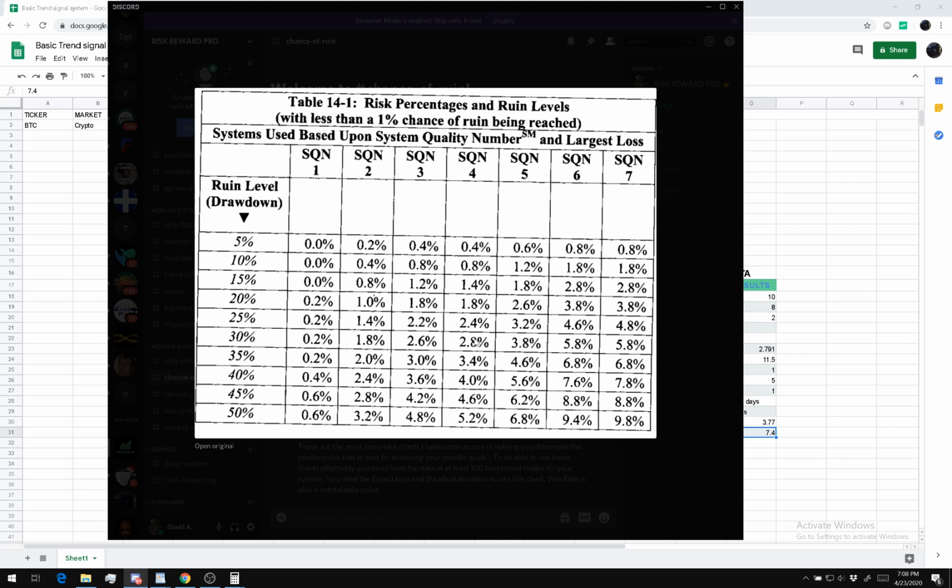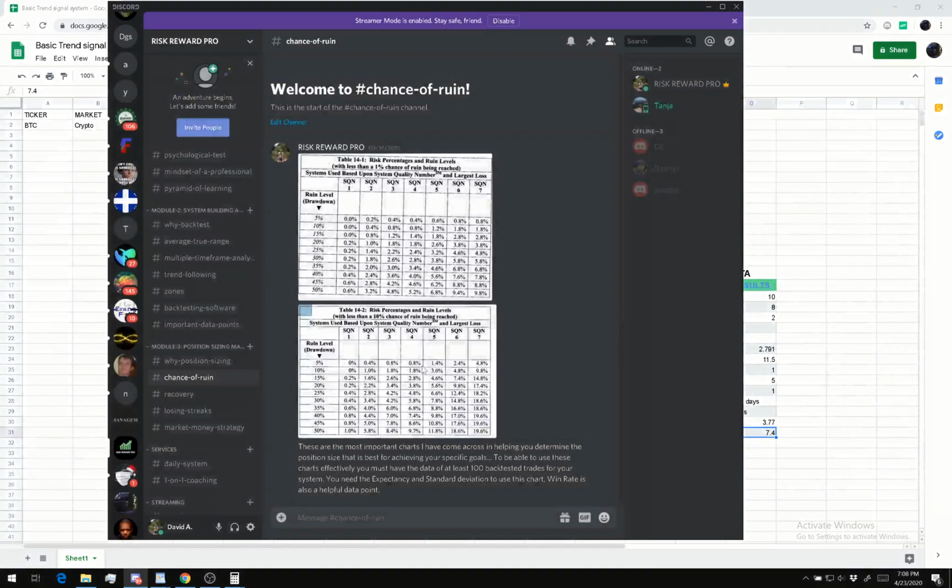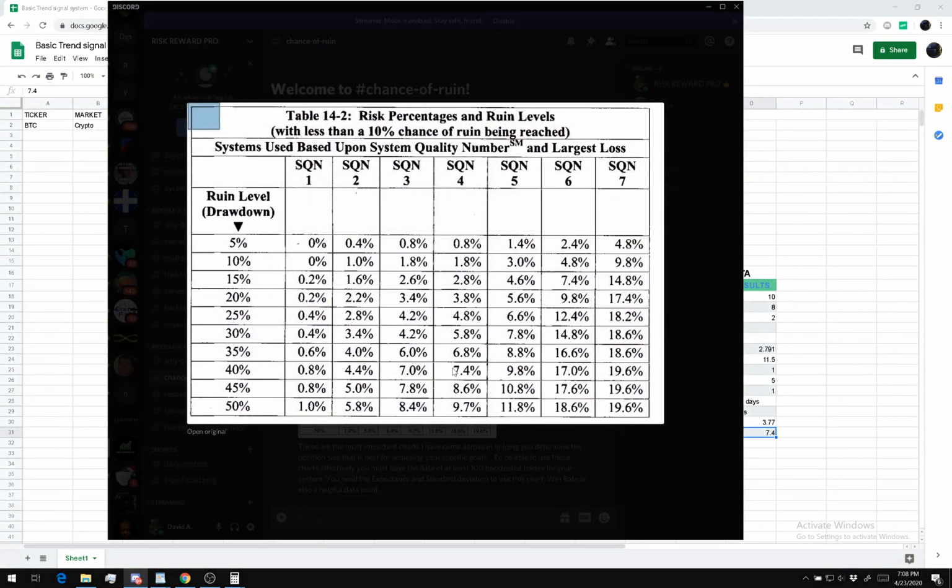And considering a lot of traders don't even have a system, they've never backtested anything, they're just randomly throwing their money at the market, 2% is actually astronomical when you think about it. So these charts can really help you achieve your goals in a safe way and feel confident about it.